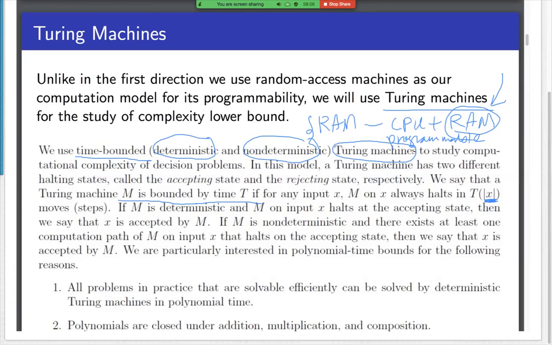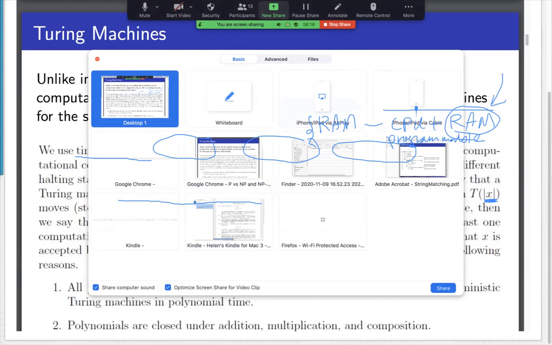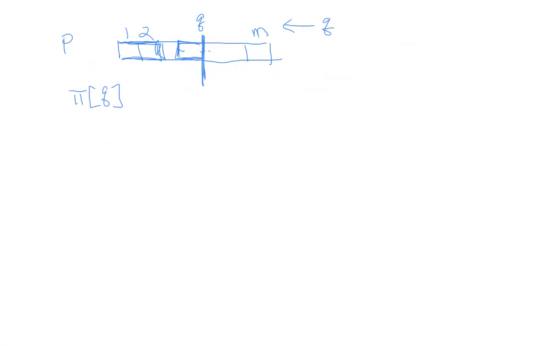For the non-deterministic machine, you can think of the computation as a tree. So let's say I have the initial configuration. This is a non-deterministic Turing machine with one tape.